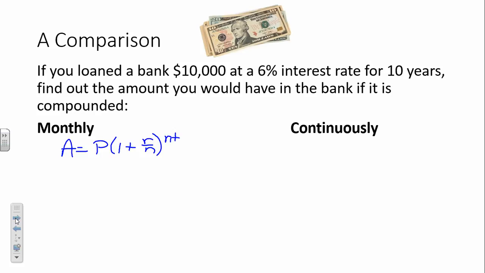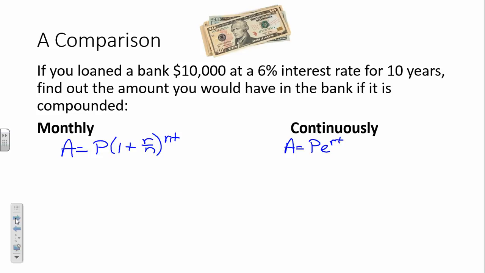Whenever you see the word continuously, you need to think of A equals P e to the RT.